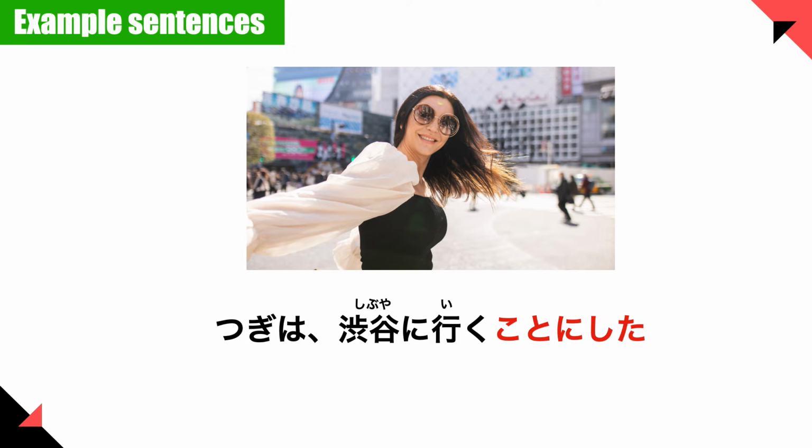Next example sentence. 次は渋谷に行くことにした。 I decided to go to Shibuya next. 次 that means next. 渋谷, that's a name of a place in Tokyo. And that's full of young people.